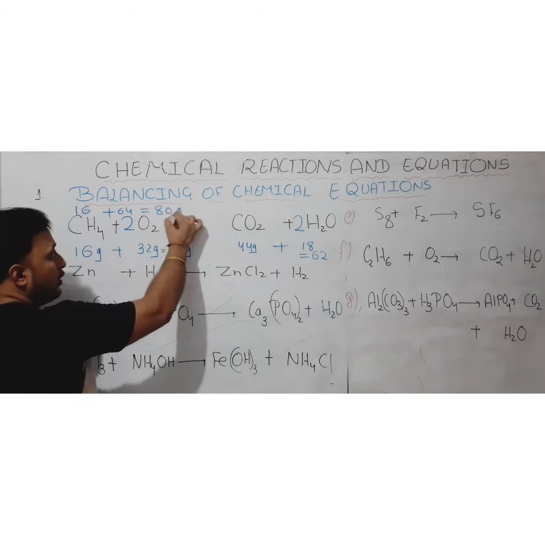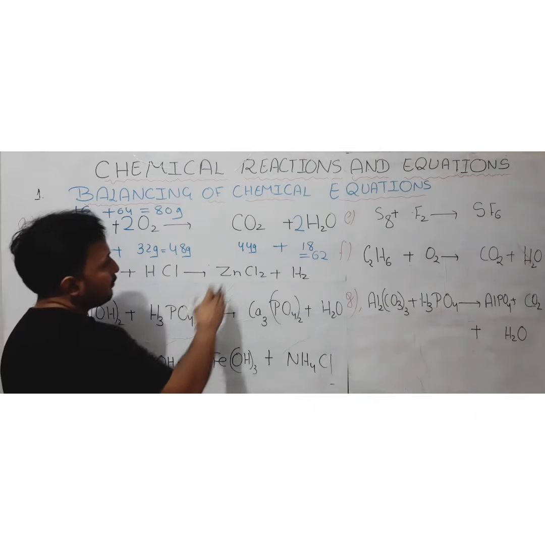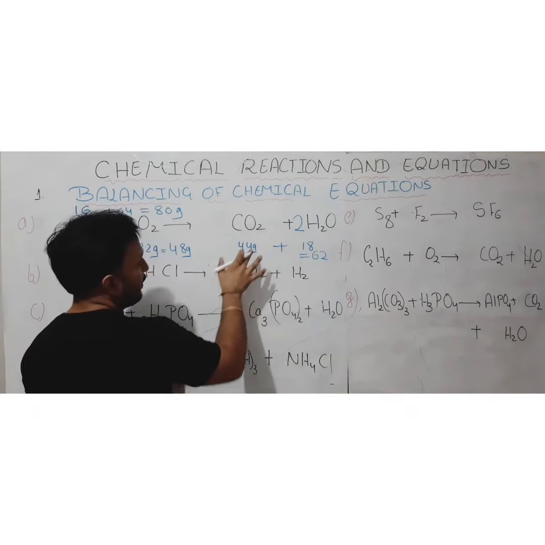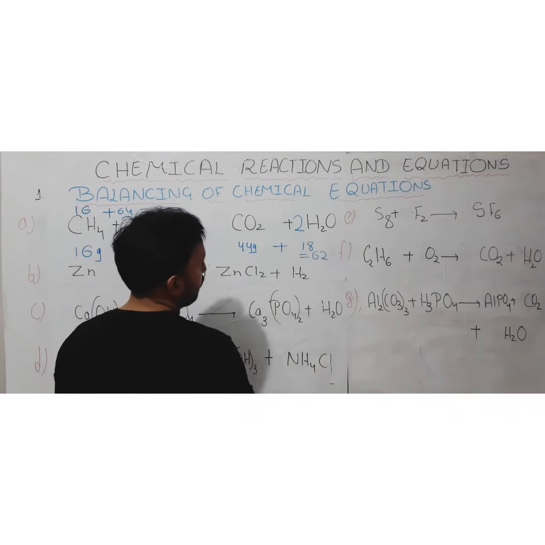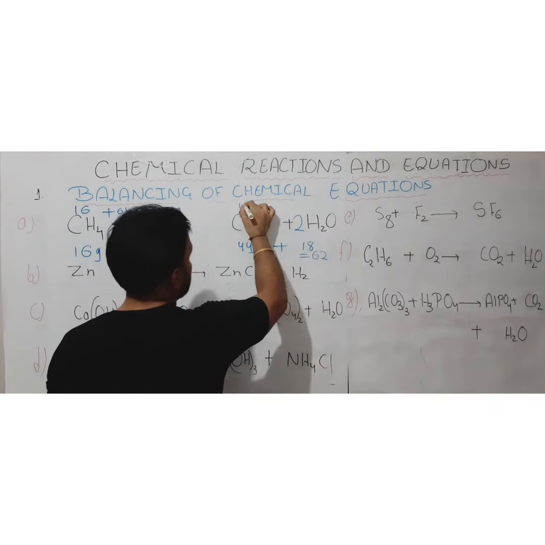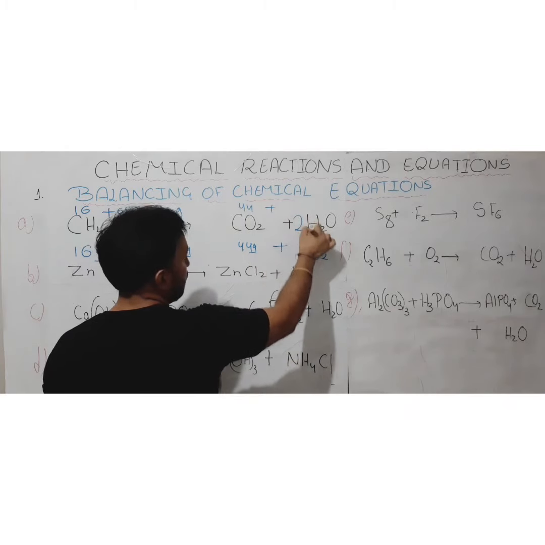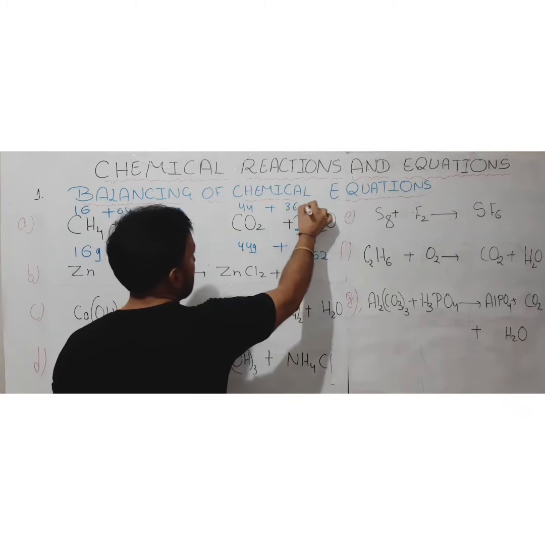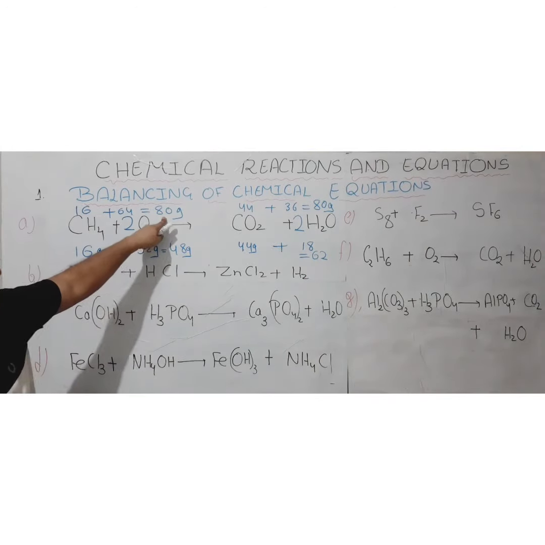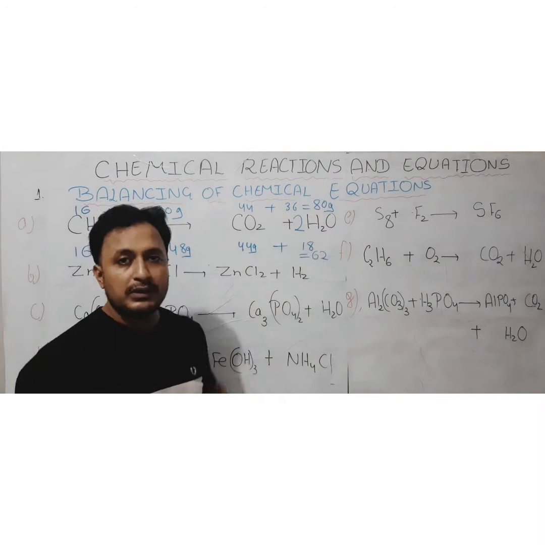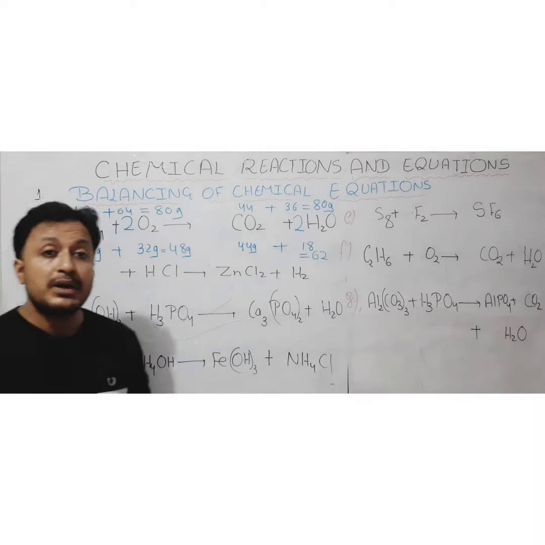Okay, now on the other side, if you see, there is no change on carbon dioxide, so it remain 44, but on water it is a multiple of 2. So it means here it is 44, but here it is 2 into 18, that become 36, and if you take the sum it is coming 80. So you can see the reactant mass is coming equivalent to the product mass. It means the equation is totally balanced now.